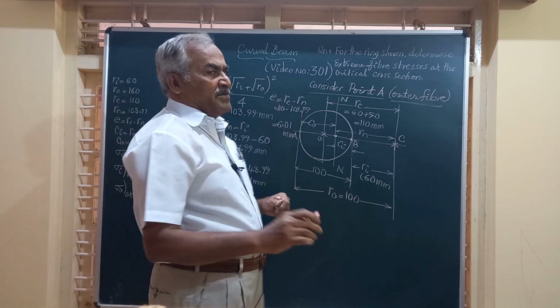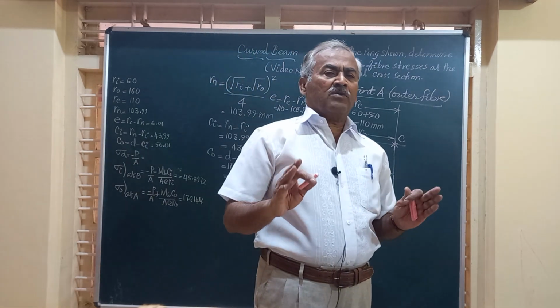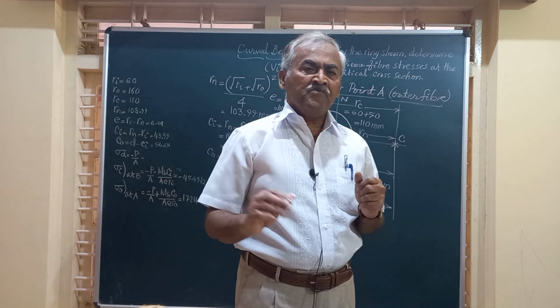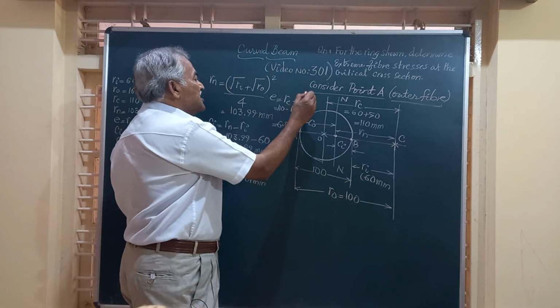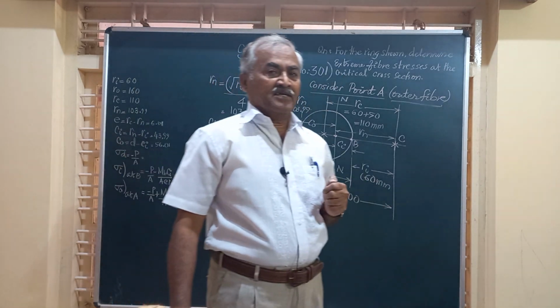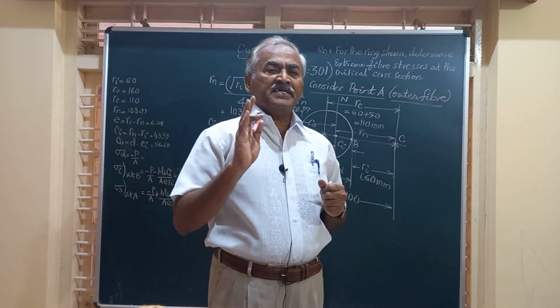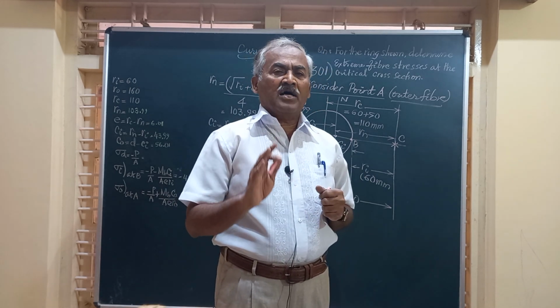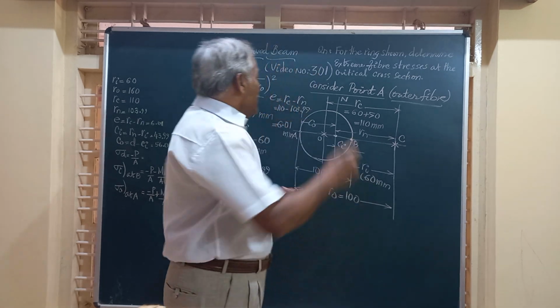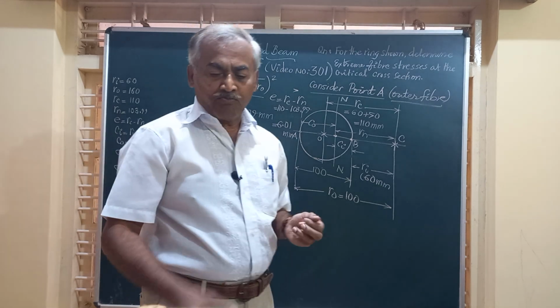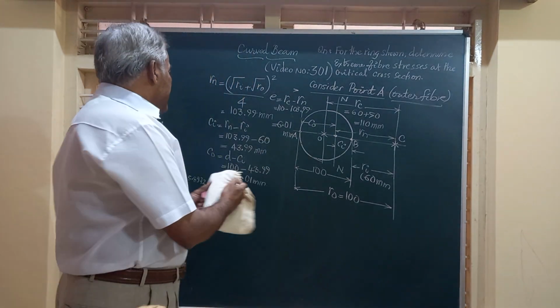Friends, remember, in all the problems, irrespective of the cross section of the curved beam, this value of RC is always greater than Rn. So you should be very careful while calculating the values of RC and Rn. So this RC should always be greater than Rn. This point you should keep in your mind.